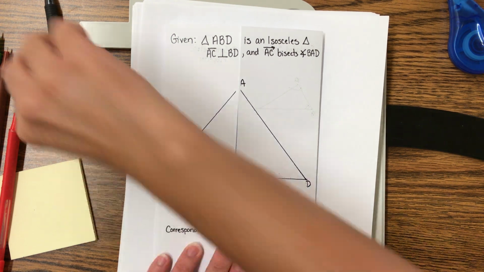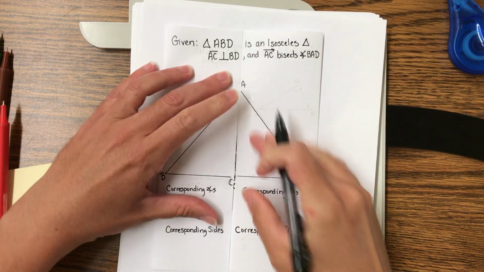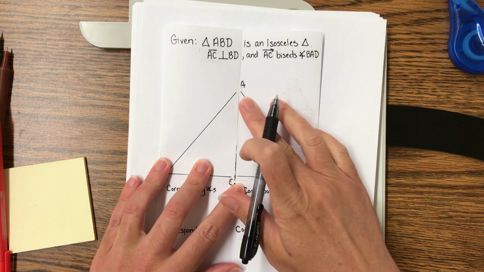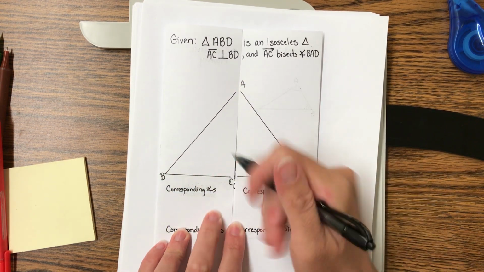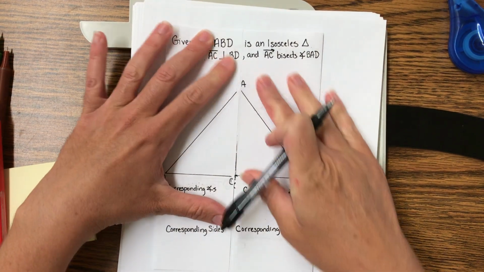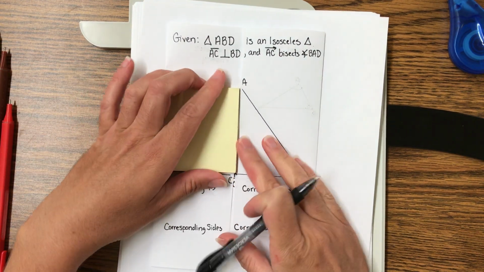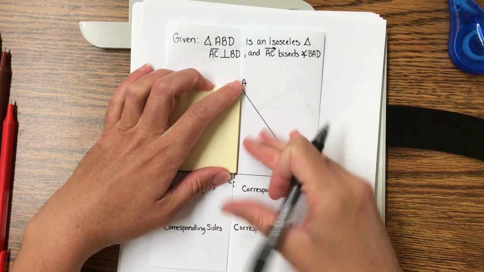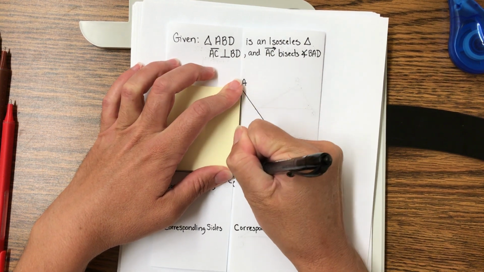Also, and I know you can't really see it, so I'm going to have to add this on here. We're also told that AC is perpendicular to segment BD. So right here, I know you can't see it, but because of the doors that I've made, we have a segment going from A to C. I'm going to add it so we can see it now.